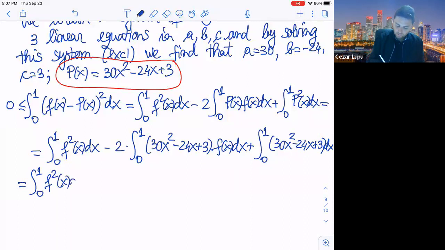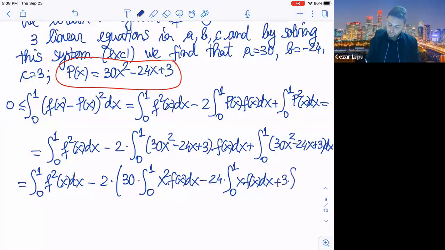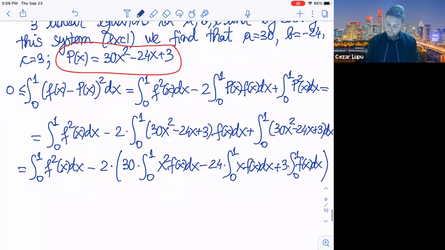All right. So this would be the integral of f squared minus, and now let's do some computations. Oh my God, I hate it, but anyway, sometimes we have to do this. 30 times the integral of x squared f of x dx minus 24 times the integral of x f of x dx plus 3 times the integral of f, plus, and here is a square, let's be careful with this one.